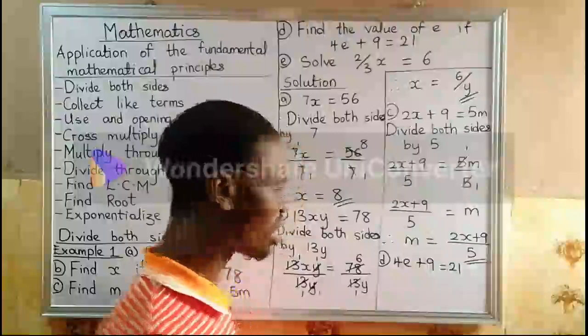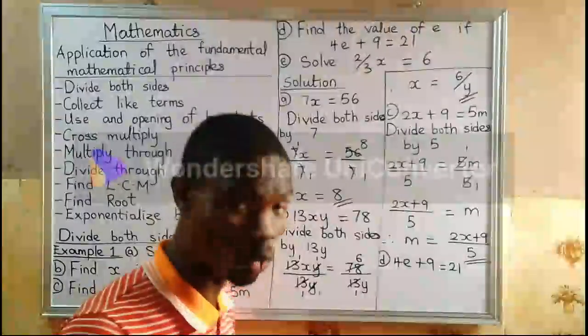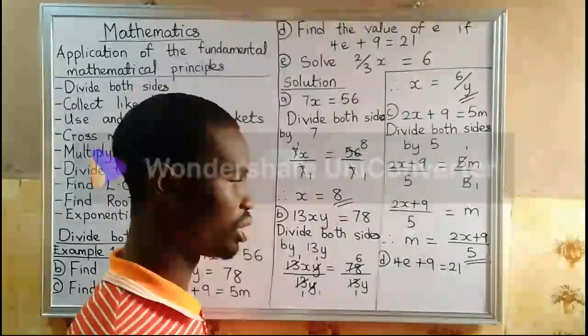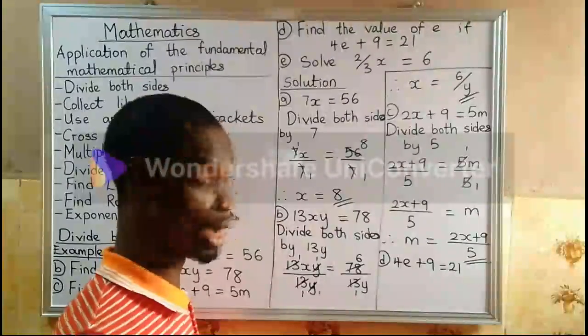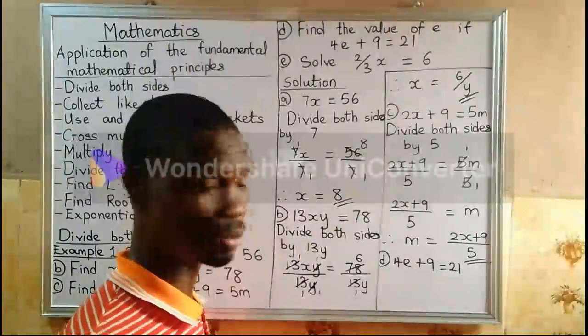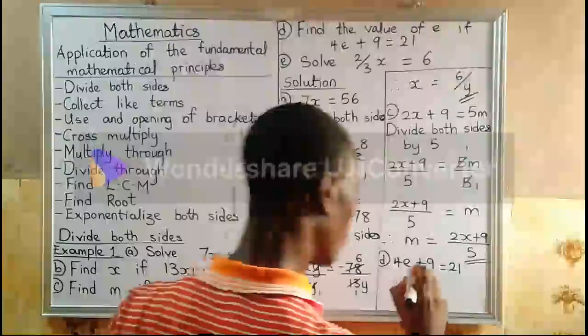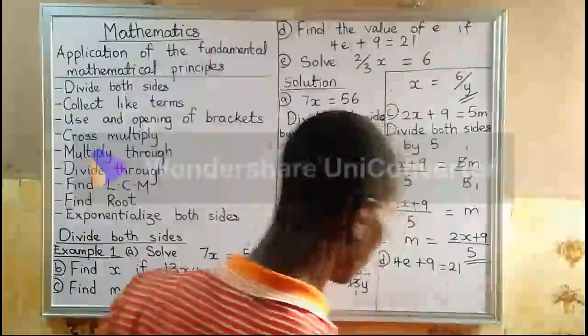So 4E must be alone on one side of the equation, just as 5M is alone on one side of the equation here, just like 13xy, the term containing the variable we are looking for, x in this case, is on one side of the equation here. Also 7x is on one side of the equation here, alone. But in this case, 4E is not alone on the left hand side of the equation. So we cannot apply that principle. So we cannot divide both sides.